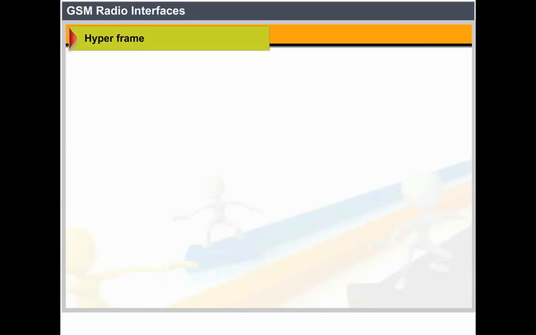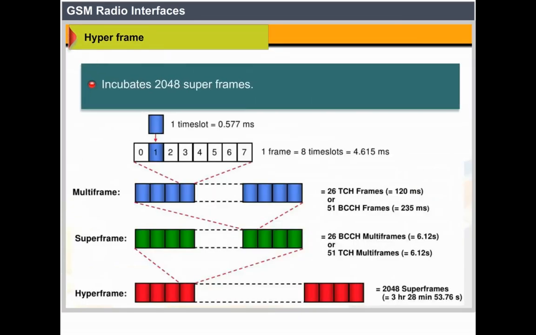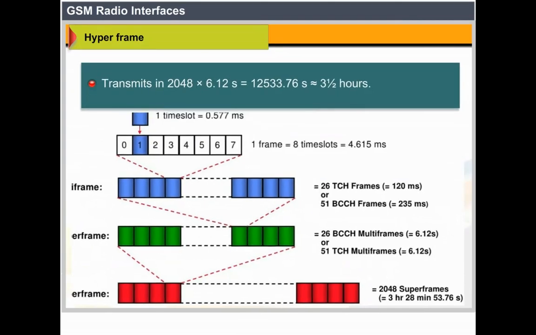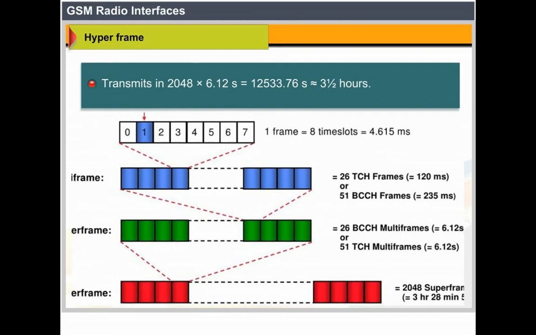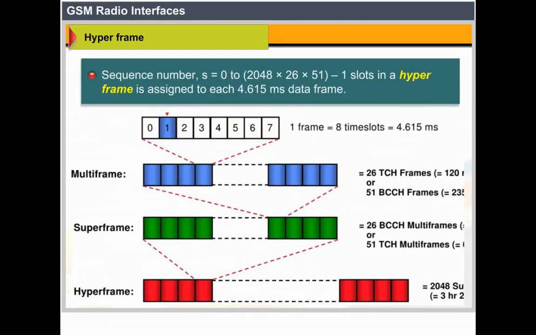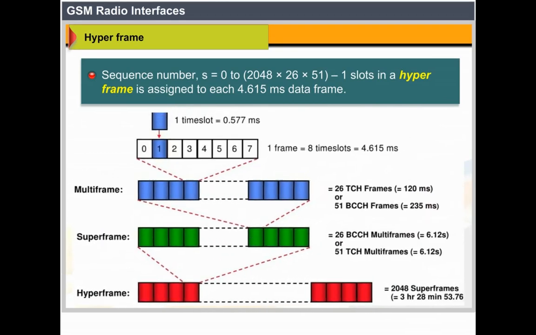Hyperframe consists of 2048 superframes. It transmits in 2048 × 6.12 s = 12,533.76 s, equal to 3.5 hours. Sequence numbers range from 0 to 2048 × 26 × 51. One slot in a hyperframe is assigned to each 4.615 ms data frame.